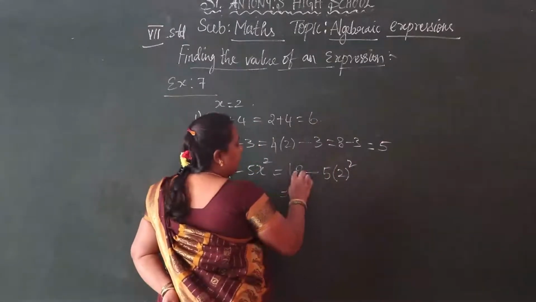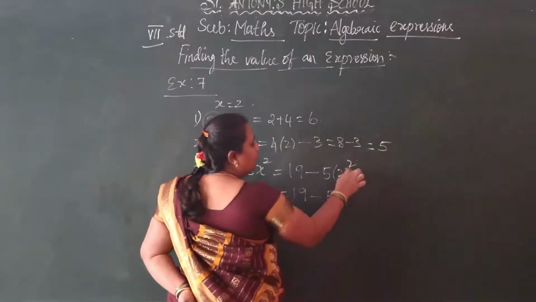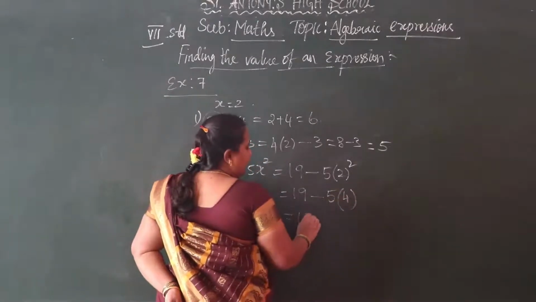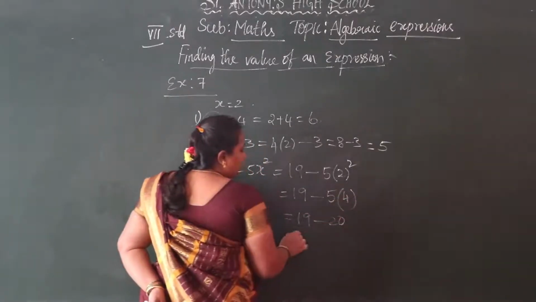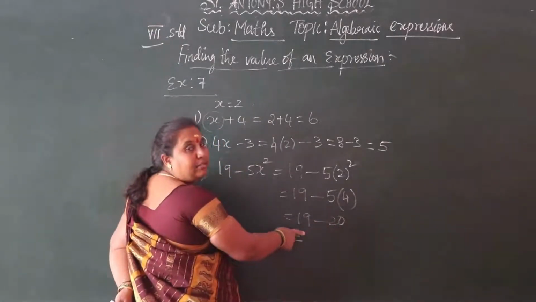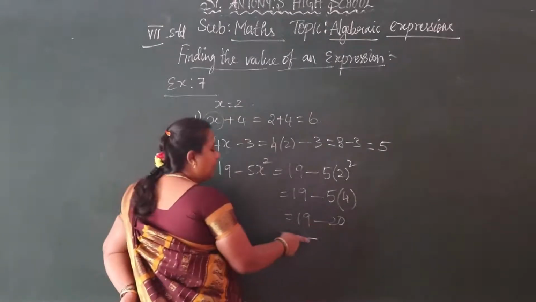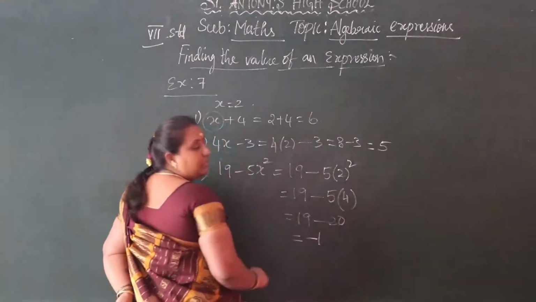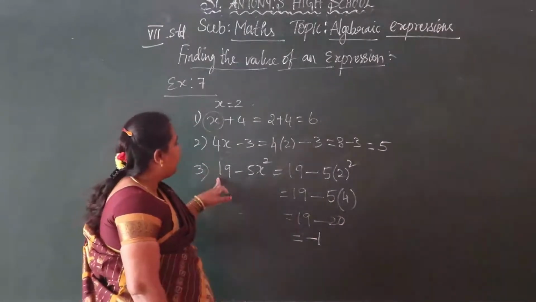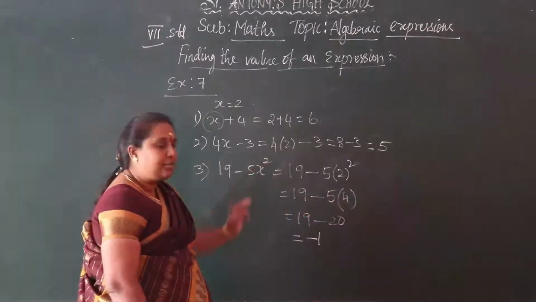We find it like this: 19 minus 5 into 2 into 2. 2 twos are 4, so 5 fours are 20. So 19 minus 20, we have to subtract this and put the bigger number's sign. The bigger number is 20, so we write minus 1. So 19 minus 20, minus 1, is the value of the expression 19 minus 5x square if x equal to 2. Okay, understood children?